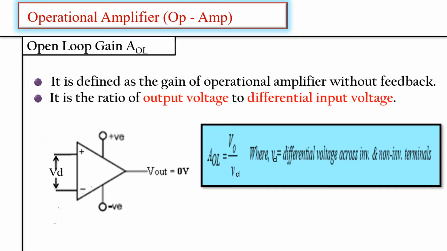Open loop gain, AOL. It is defined as the gain of the operational amplifier without feedback. It is the ratio of output voltage to the differential input voltage.